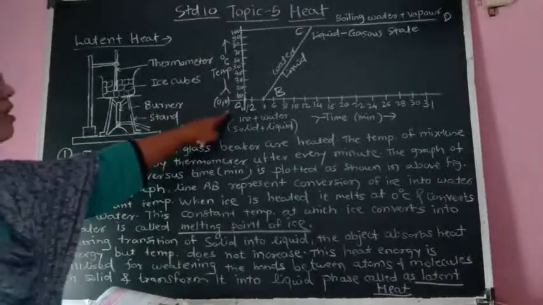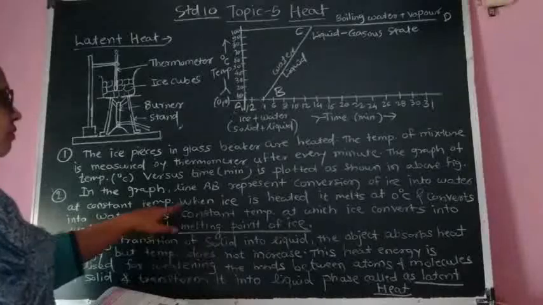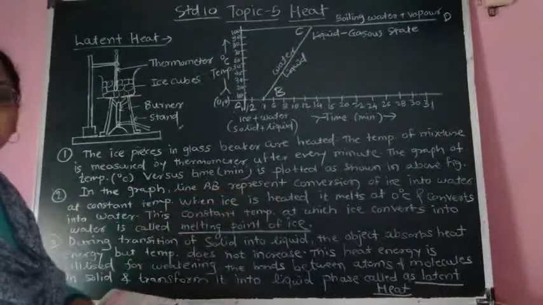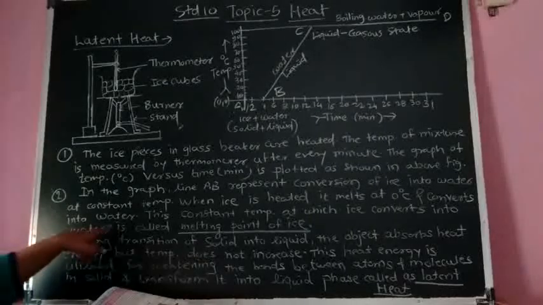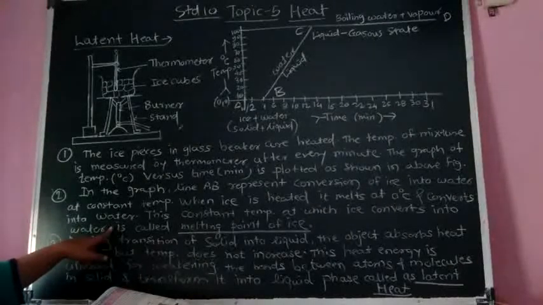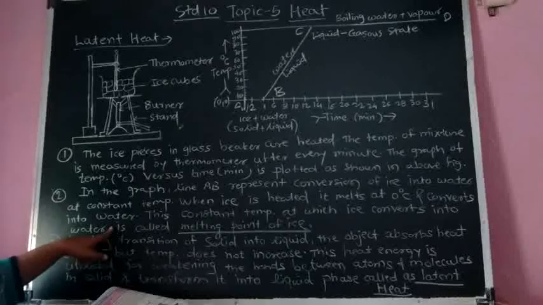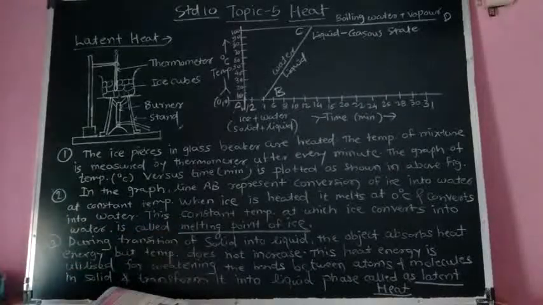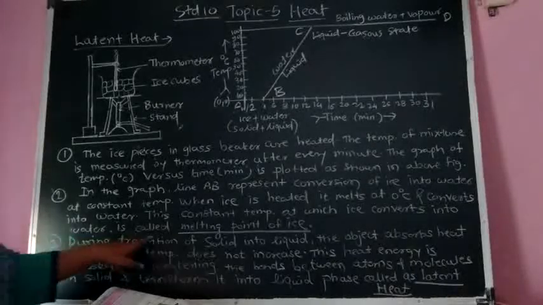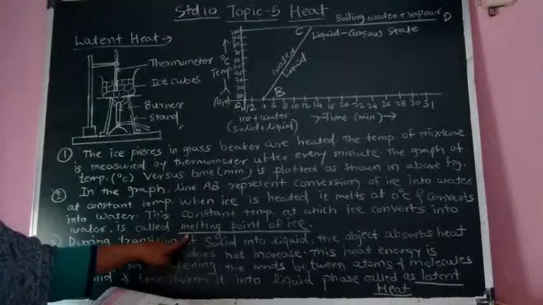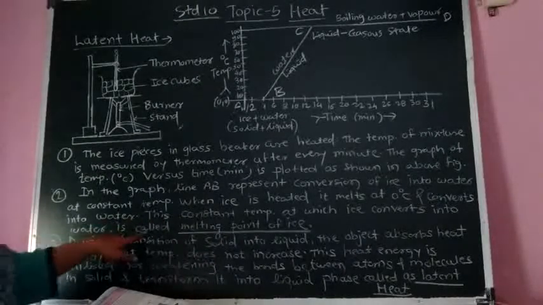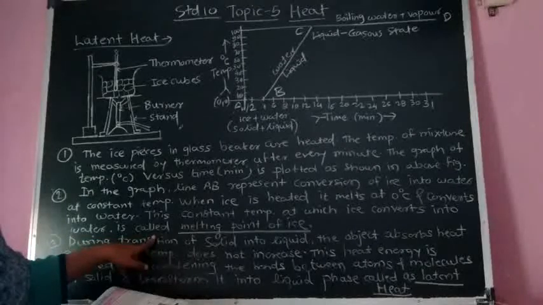When ice is heated, it melts at 0 degrees Celsius and converts into water. This constant temperature at which ice converts into water is called the melting point of ice.